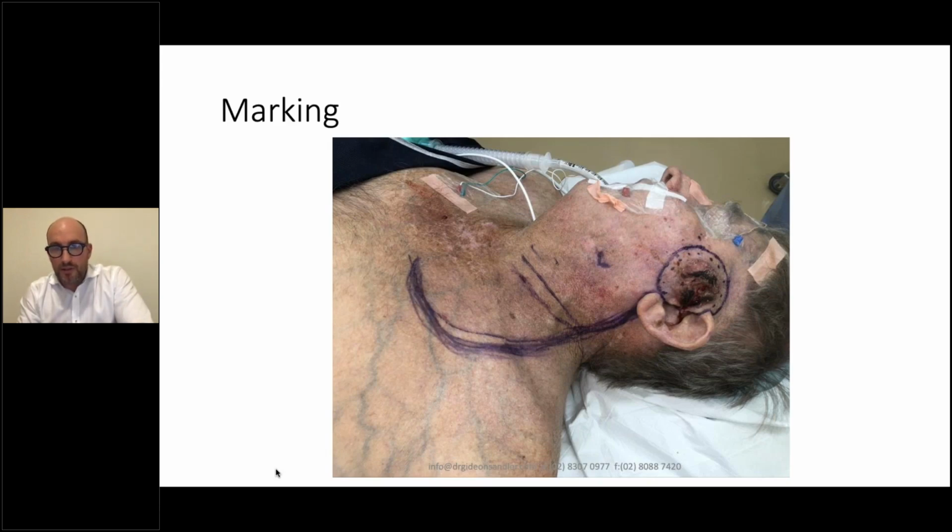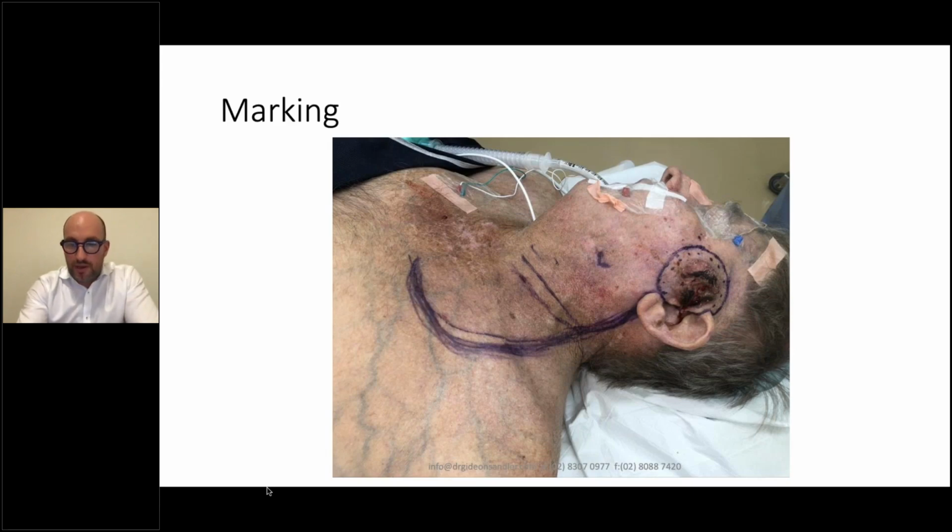If you notice the lesion on the left preauricular area, I've marked the margins of the lesion with dotted purple dots, and then the solid purple line around the lesion is the surgical margin. The line drawn as a J down into the patient's chest is how we will shift skin up onto his preauricular area in order to do the reconstruction.